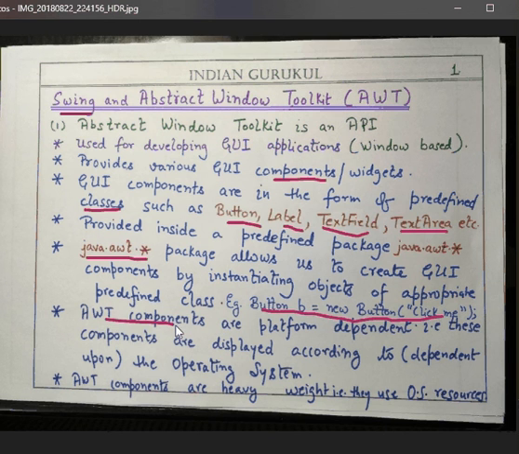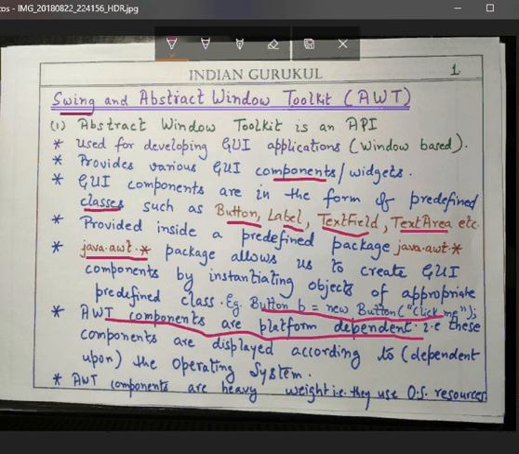Since the Abstract Window Toolkit was in the first version of Java, its components appear depending upon the operating system being used, and it uses the resources of the operating system. For this reason we say that it is heavyweight.